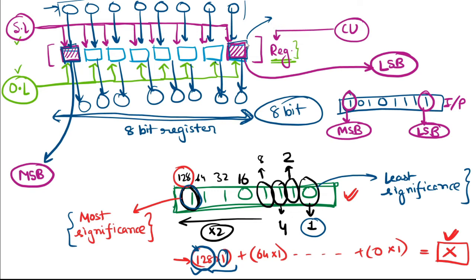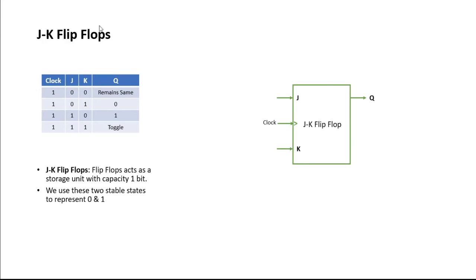Now we will discuss a little bit about the binary cell. All the binary cells here are actually implemented using JK flip-flops. You will be reading about JK flip-flops in the digital logic course as well, and this won't be asked in detail as to how they are used in registers.